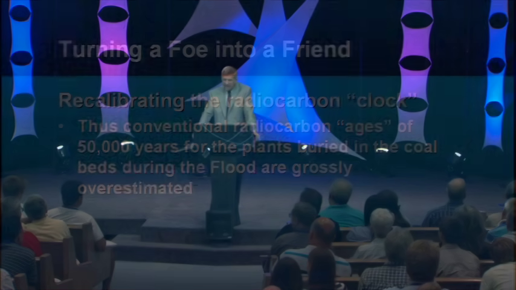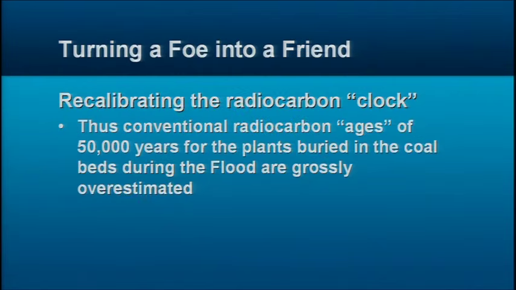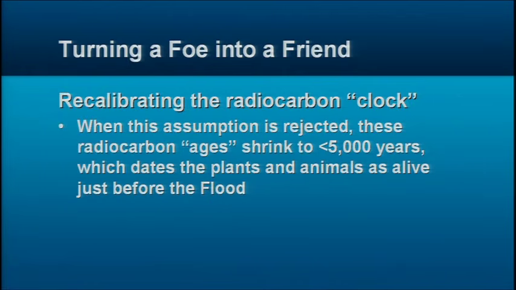And in fact, if we do that, the 50,000 year ages for the coal beds during the flood, we can shrink that down to less than 5,000 years by just dropping the assumption of the present radiocarbon production rate and the swamping of the radiocarbon with a lot more carbon during the flood.